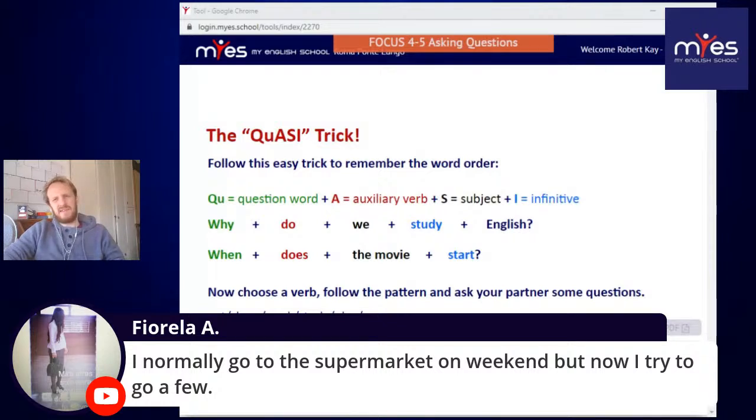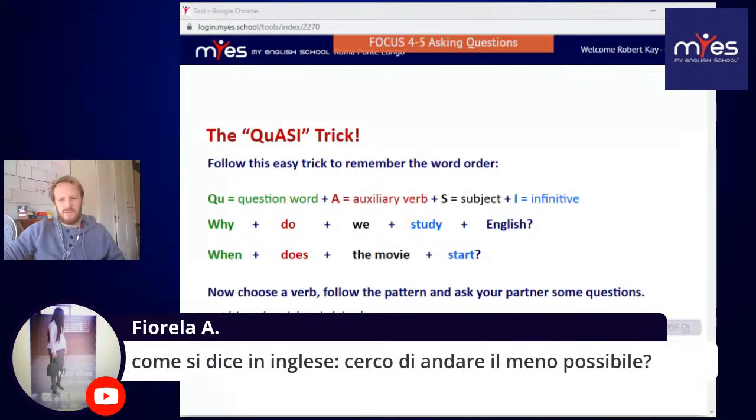I think this means I try to go as little as possible. So this one, I try to go as little as possible.